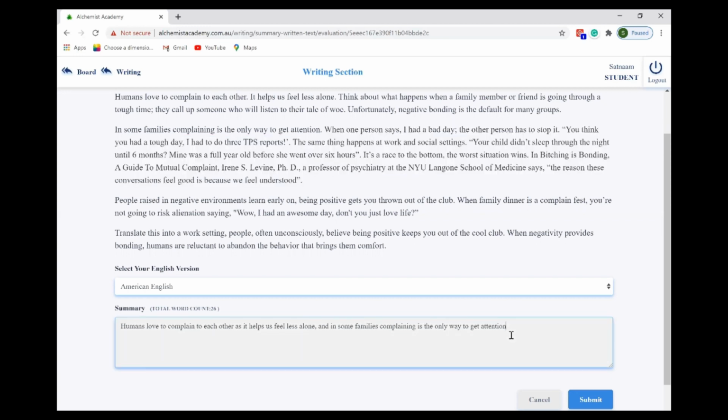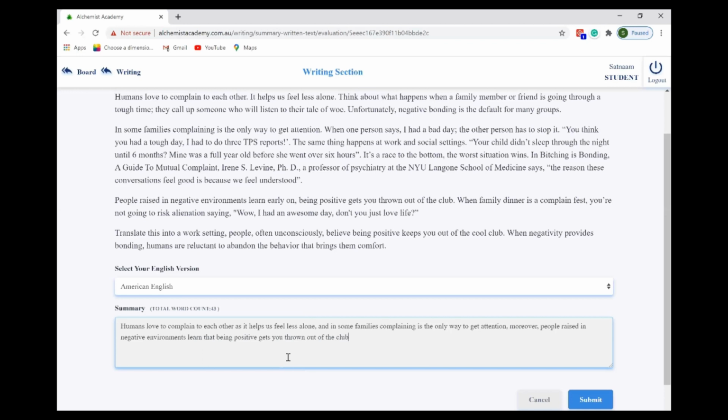Now coming to the third sentence, which is from the third paragraph. Moreover, people raised in negative environments learn. So I'll need to probably rephrase that part a little bit. It says learn early on, and I need to combine those two sentences. So learn that being positive gets you thrown out of the club.